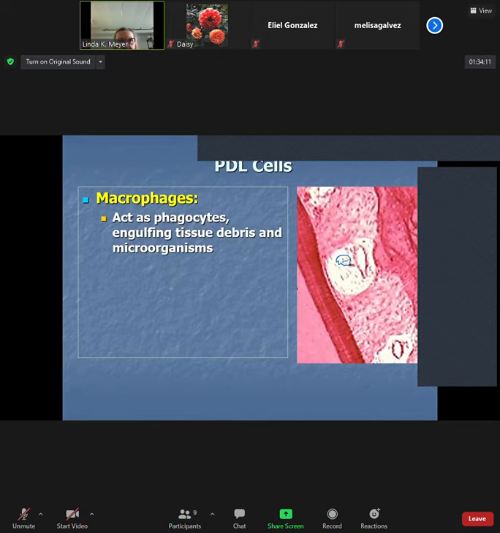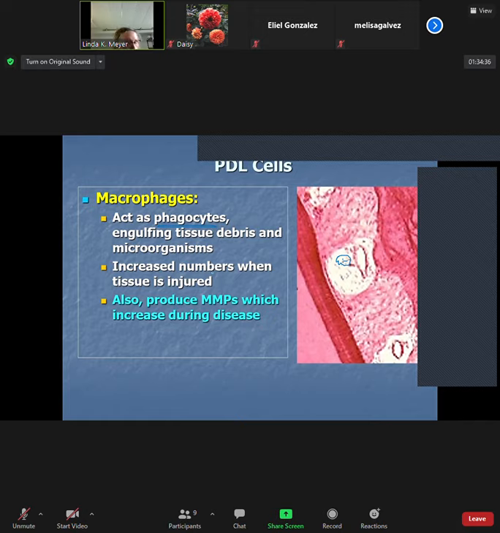And remember, they act as the phagocytes, which have the ability to engulf tissue debris. So they're going to clean up worn out fibers that have been destroyed and ground substance, and they're going to clear out any pathogens or microorganisms. When the tissue is injured, we'll see more of them.